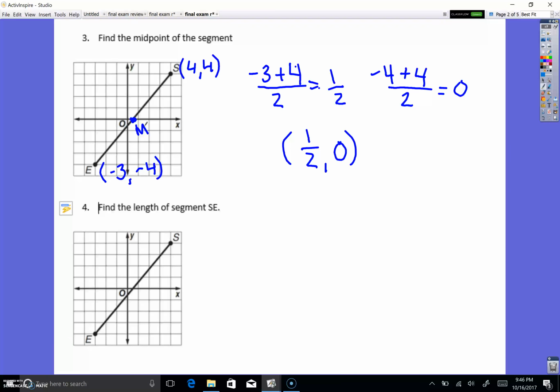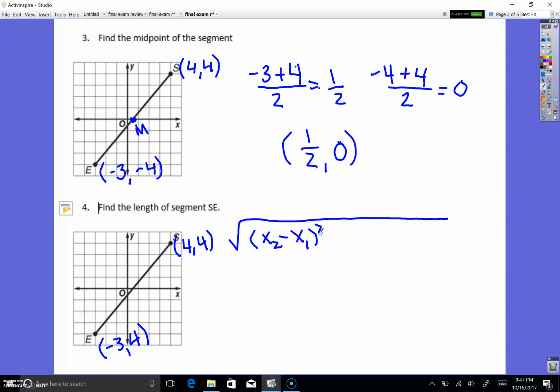Okay, number 4. Find the length of the segment. Again, I used the same segment I did for my midpoint, so I know what the points are. Again, you use the distance formula. x2 minus x1 squared plus y2 minus y1 squared. So 4 plus 3.